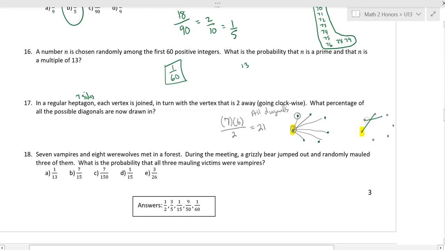This one connects to this one, 2. And go here, 3. Here, 4. Here goes to 5. Here goes to 6. Here goes to 7. All right, so we have 7 out of 21, which is 1 out of 3.